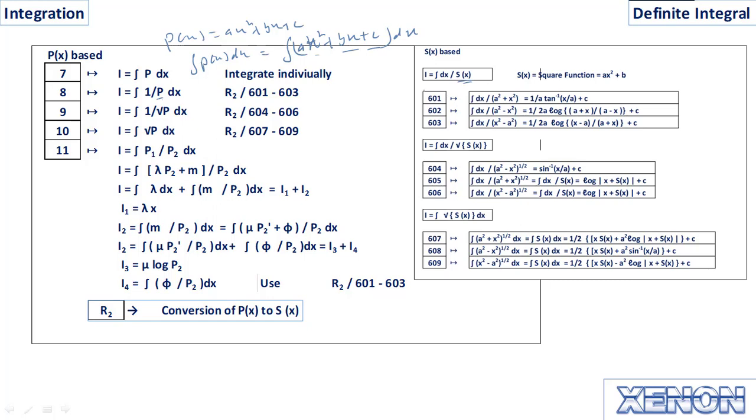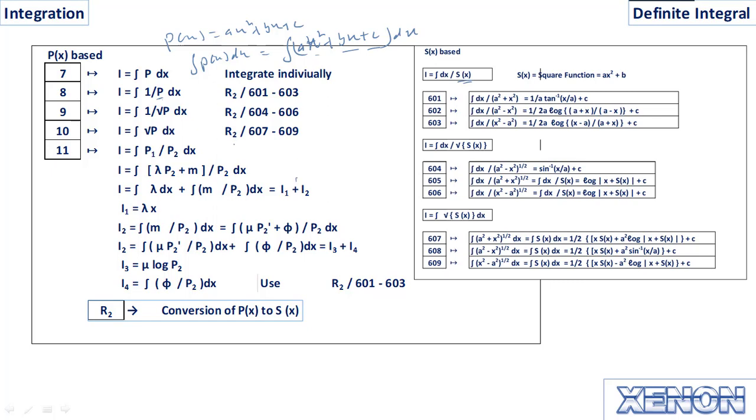So actually we have seen in the previous section the integration of dx upon a square plus x square, we will be getting 1 upon a tan inverse x upon a. When we will convert px in the form of a square minus x square, we will be getting the integration as 1 upon 2a log a plus x divided by a minus x plus c.